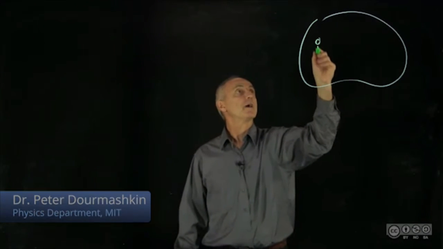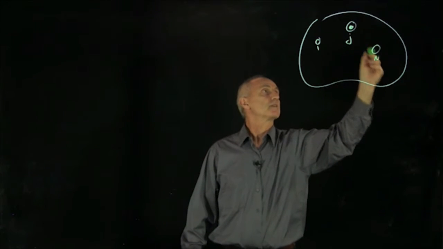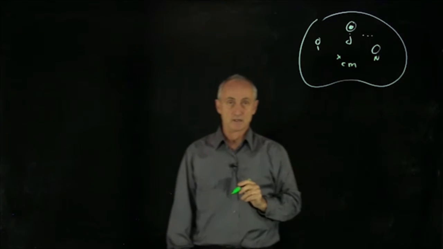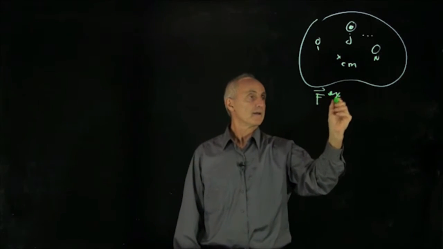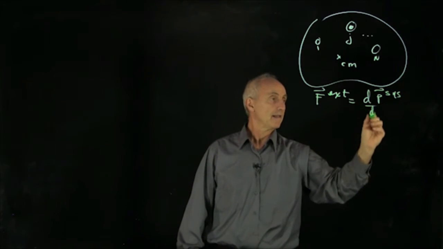We'd like to consider a system of particles. Say we have object 1, we'll call this the jth object, object n, and somewhere in the system of particles is a center of mass. Now we know that the external force is causing the momentum of the system to change.